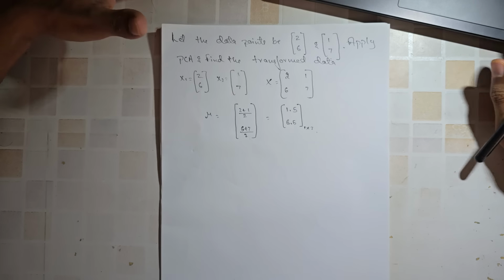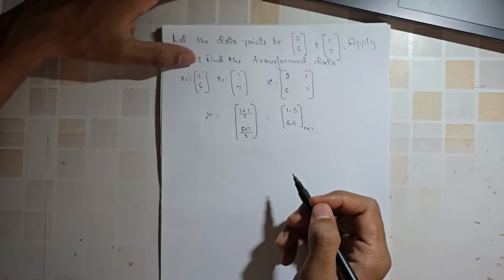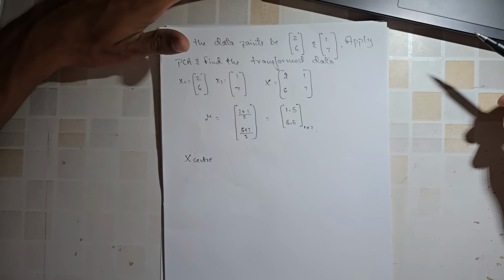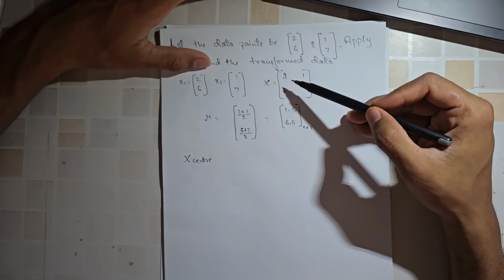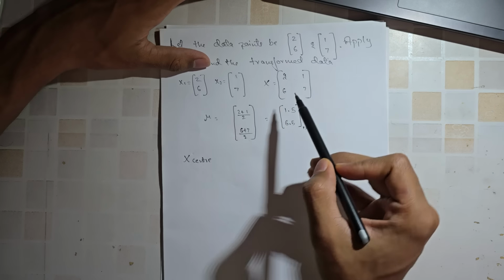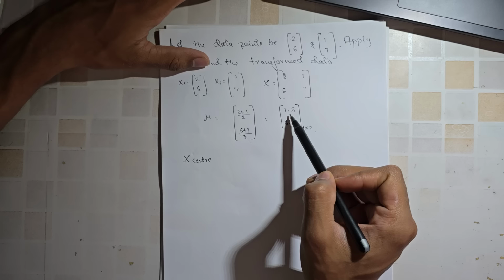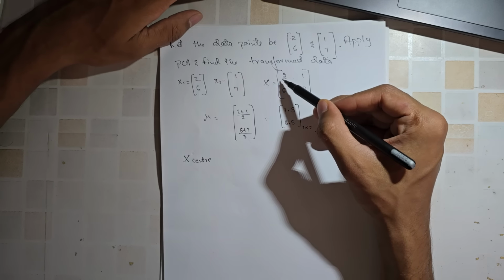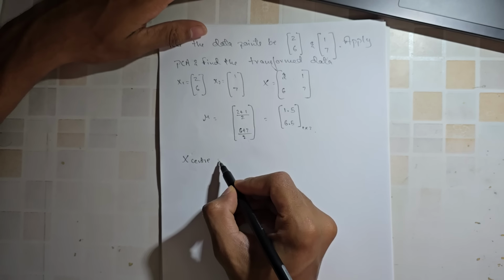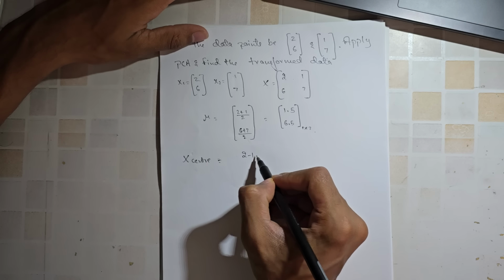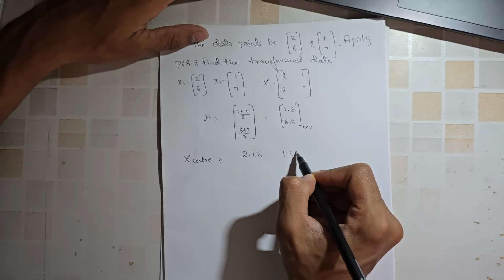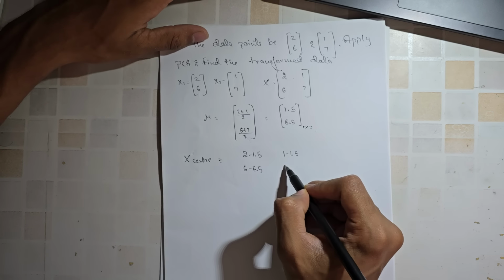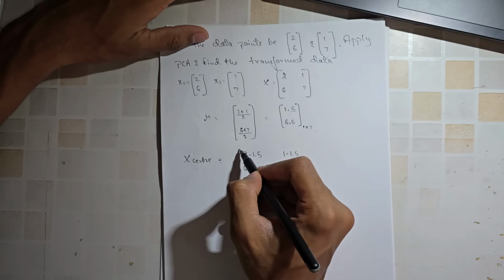Then what you have to do, you have to find the x center, in the sense, let me just write here x center. Simple, you just have to subtract these two values from this, in the sense, first 2 will be subtracted from this, and 1 will be subtracted from this. So since we have here x equals to 2, let me just write x center is equal to 2 minus 1.5, 1 minus 1.5, here 6 minus 6.5, the below value, 7 minus 6.5.